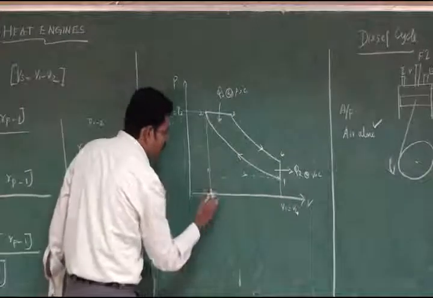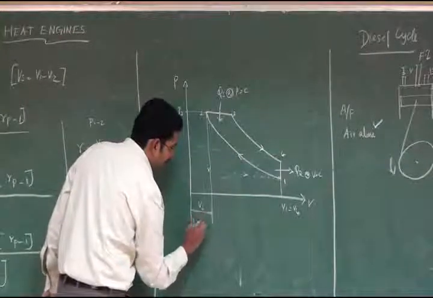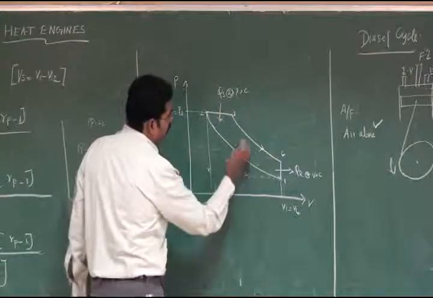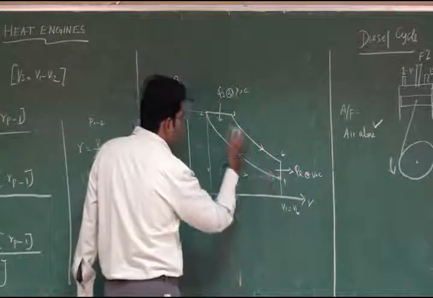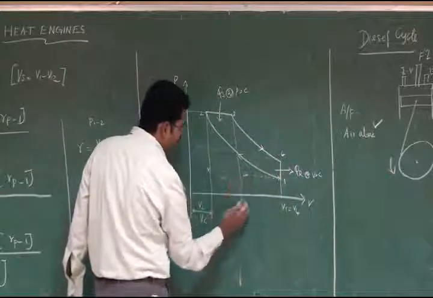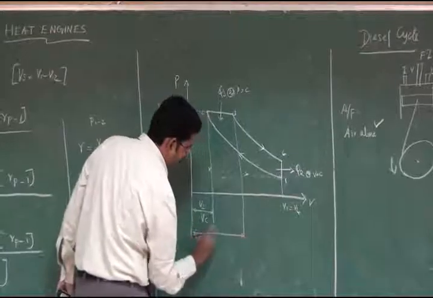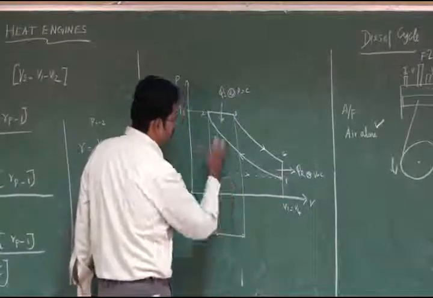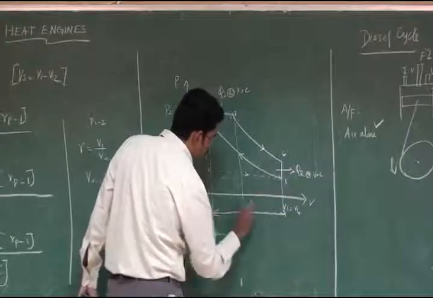This one will be V2. We know that V2 will be the clearance volume, and V1 is equal to V4 by seeing the diagram, and this one will be V3. Between V2 and V1, this is termed as stroke volume.